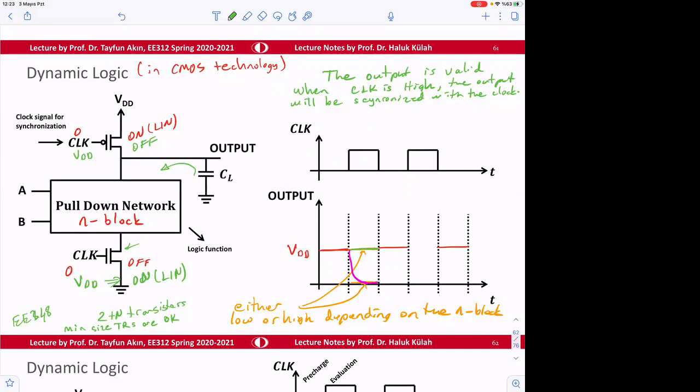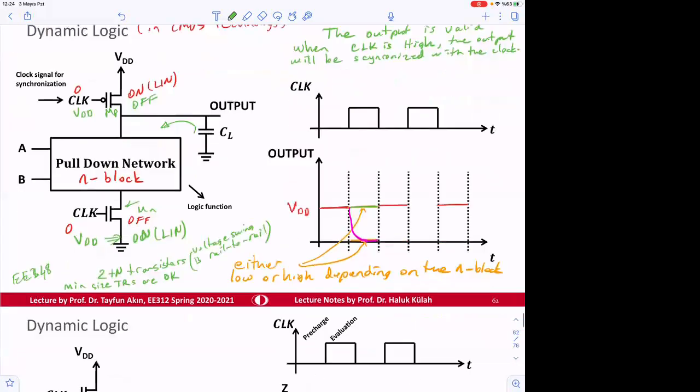So the CL can be discharged through the N block and this MN transistor. So the voltage swing is still rail to rail. So minimum size transistors are okay here. You don't have to do WR ratio calculations here.